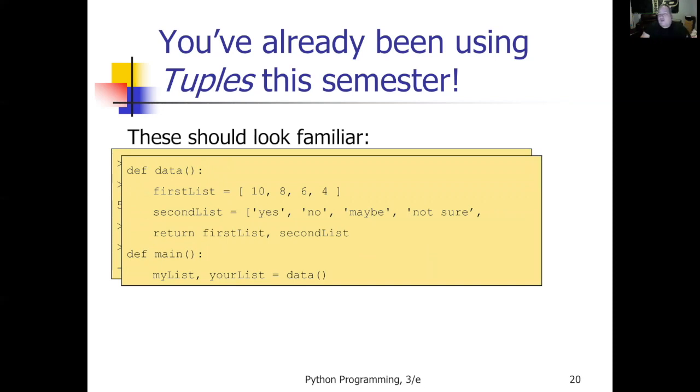Another thing you've done, you've defined a function. Let's say my function called data. And in data, I create 2 lists, first list and second list. They each have content, an integer, string, whatever. And at the end of my function, I return these 2 lists. I'm returning, effectively, a tuple, 2 values. In the main function, when I call the data function here, I'm assigning what the data function returns to these 2 variables.